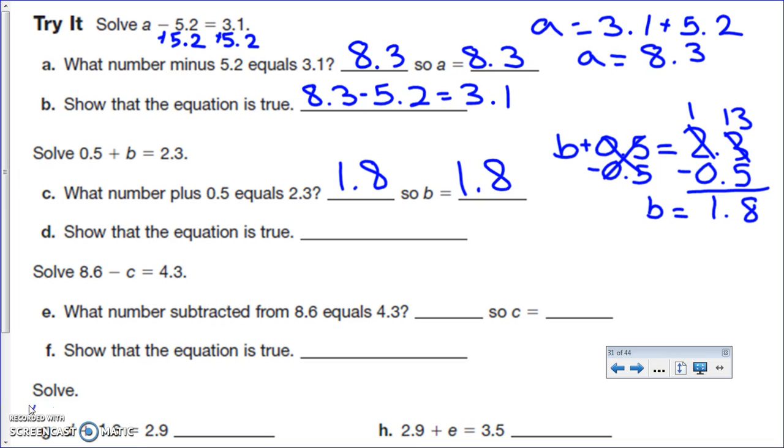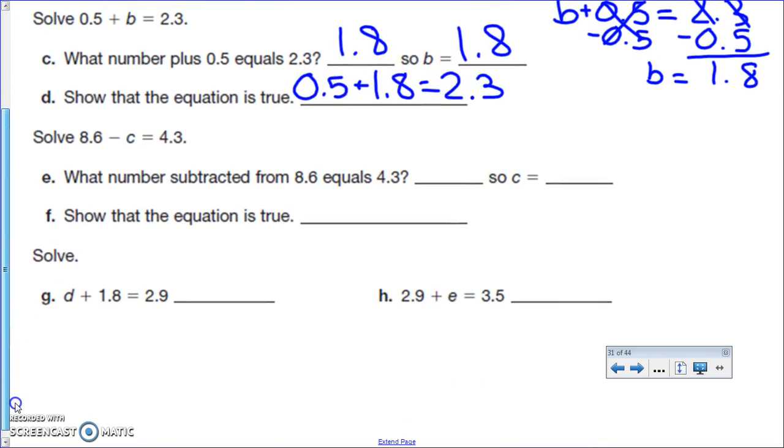So b equals 1 8/10. So we're going to plug that back in to make sure the equation works. And we can see that it does.